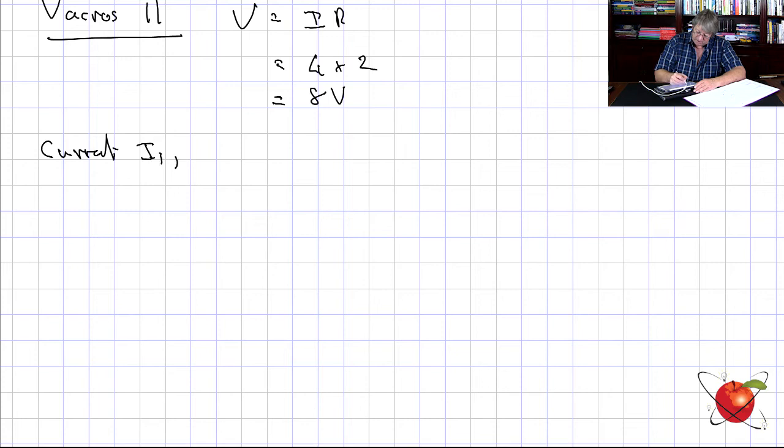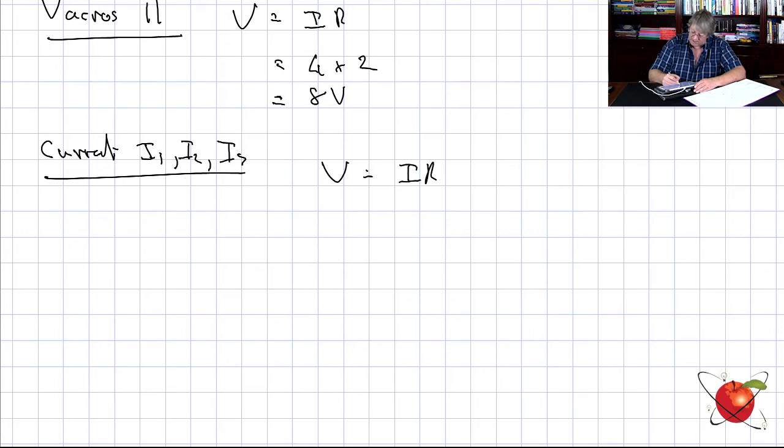Currents I1, I2, I3 is going to be V equals IR again, isn't it? V is 8, equal to I times R, and R was given as 6, wasn't it? So therefore I is going to be 8 over 6. Okay, correct?